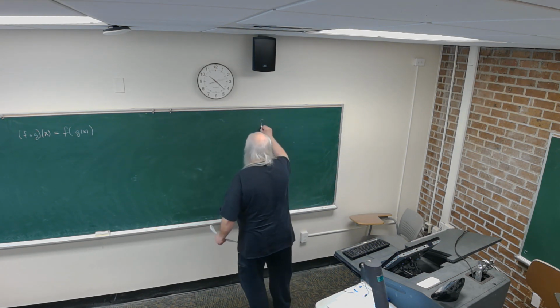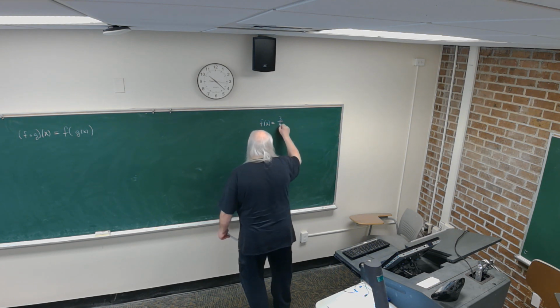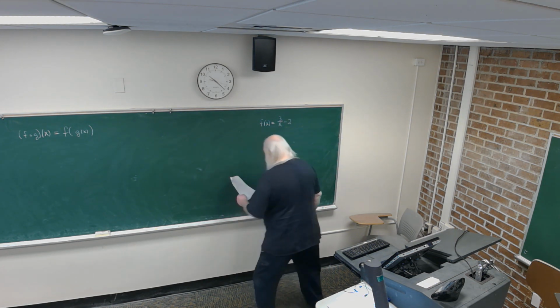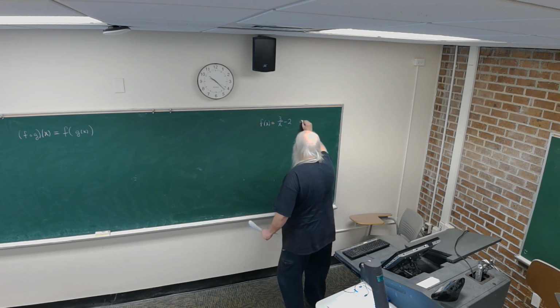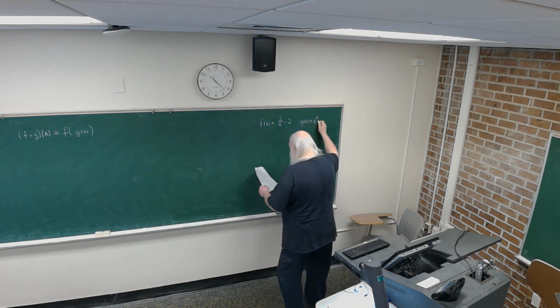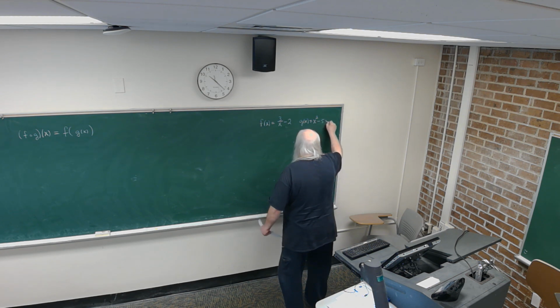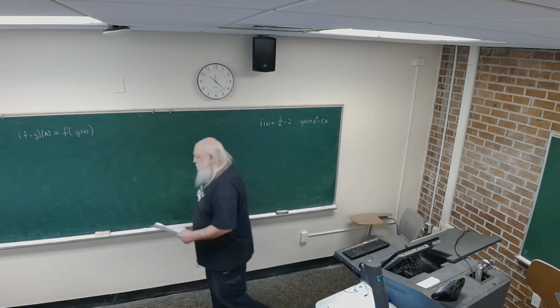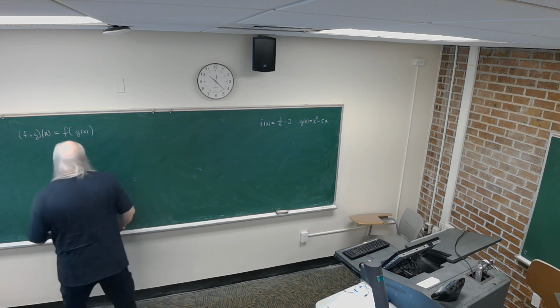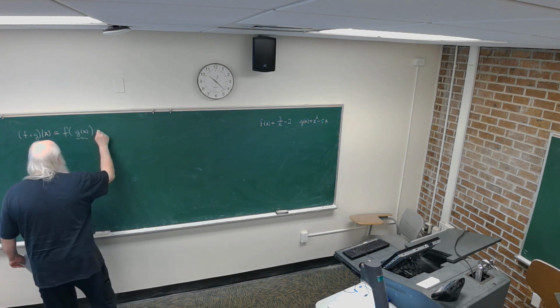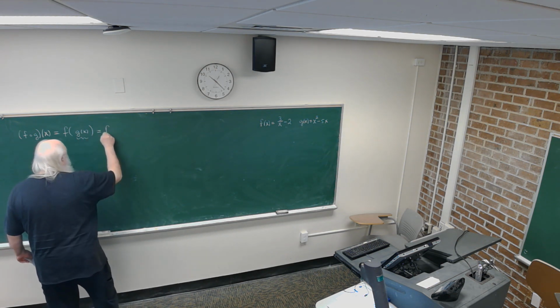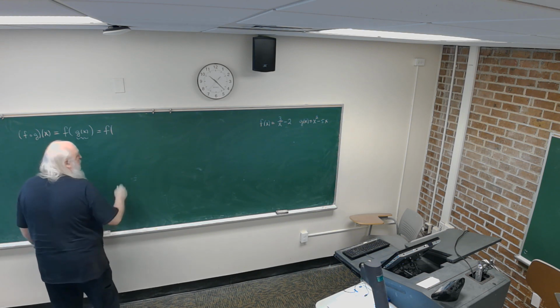And where f of x is equal to 3 over x minus 2, and g of x is equal to x squared minus 5x. So first step, replace g of x with what it's equal to, and it's equal to x squared.